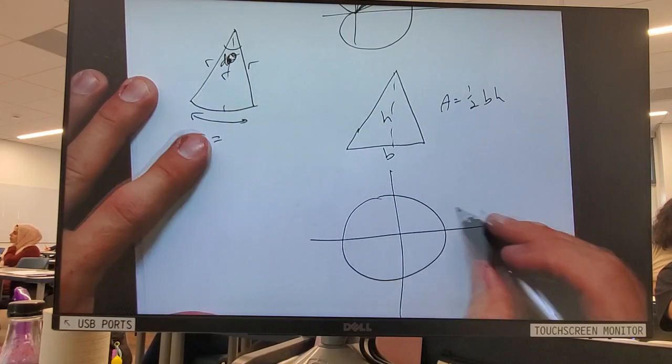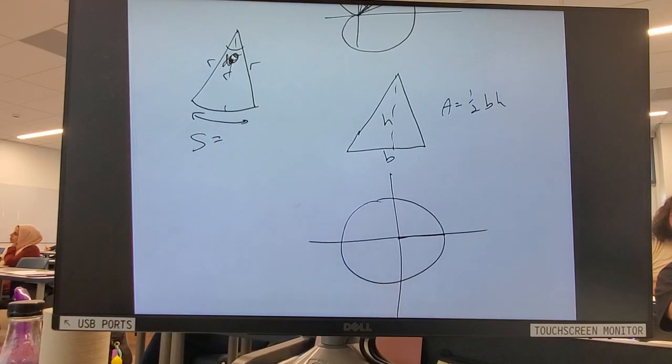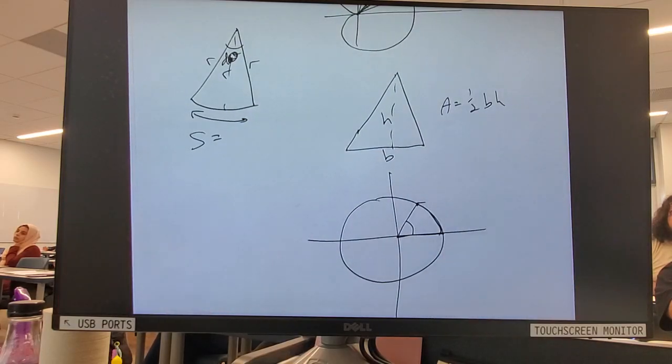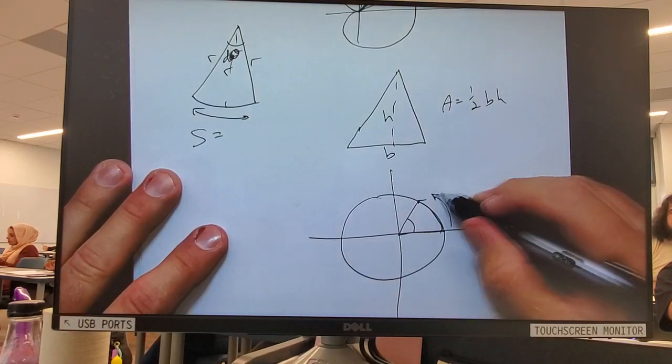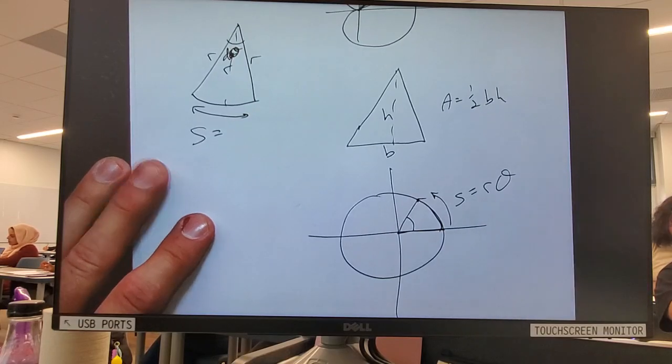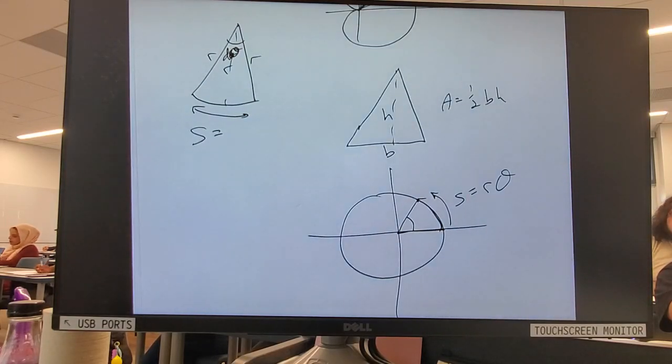What is a radian? I take the radius, I pick it up, I bend it, I put it down here. That's a radian. Radian literally just means one radius. So if I walk the length of a radius around my circle, that's one radian. Therefore, if I want to know how long this is, I take the angle measure times the radius, if the angle measure is in radians.